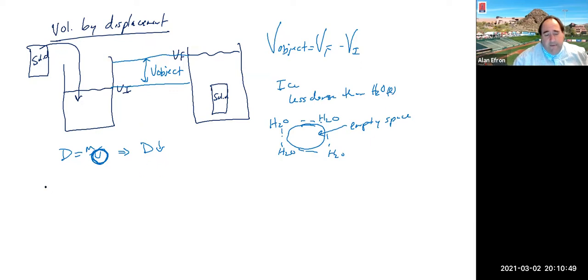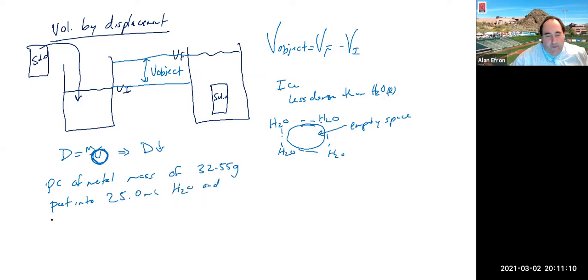So for example, if we had a piece of metal that had a mass of 32.55 grams, and we put it into 25.0 milliliters of water, and it rose to 27.5 milliliters of water.